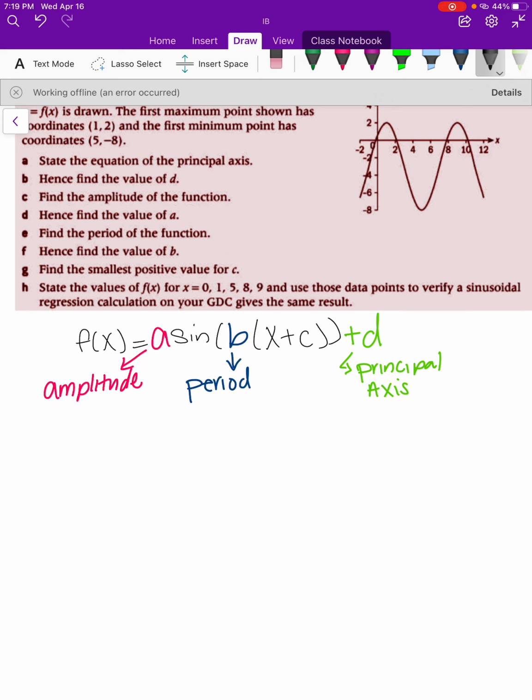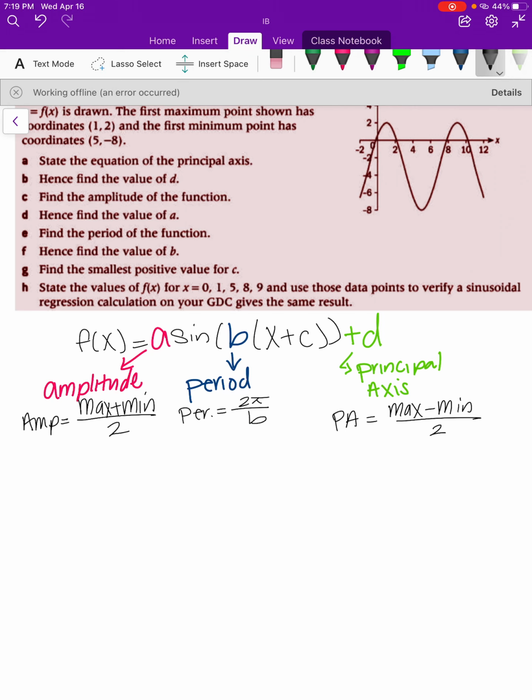So amplitude is going to be your maximum minus your minimum divided by 2. Your principal axis is going to be similar, and I'm just going to say PA for principal axis. It's going to be your maximum plus your minimum divided by 2, and then your period is equal to 2 pi over b.